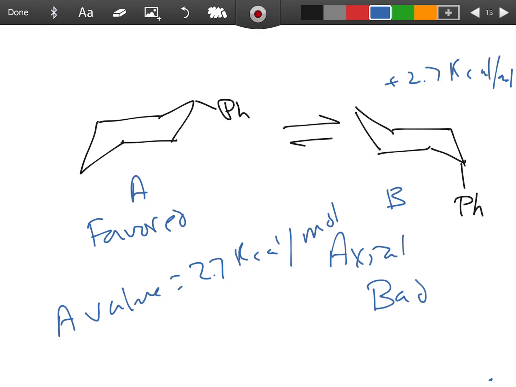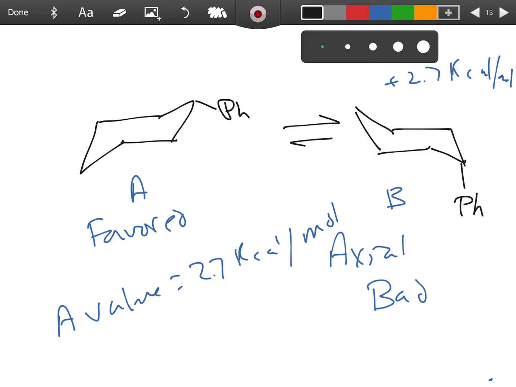So we can use that as a rough judge of size, because what's destabilizing B compared to A is the interaction of that phenyl group with these hydrogens, right?